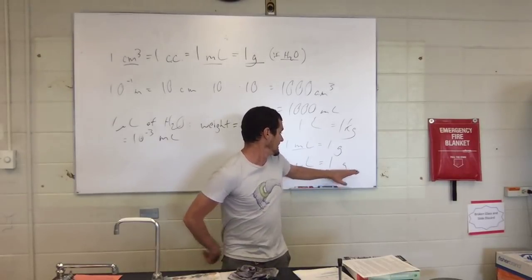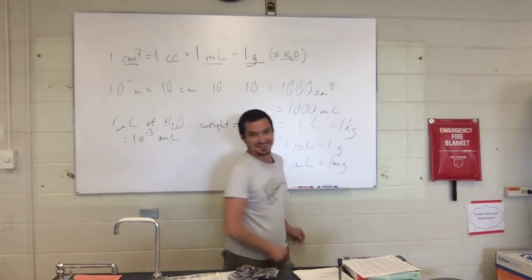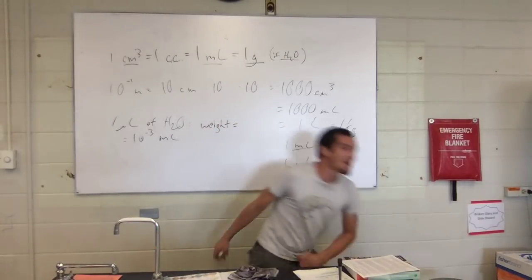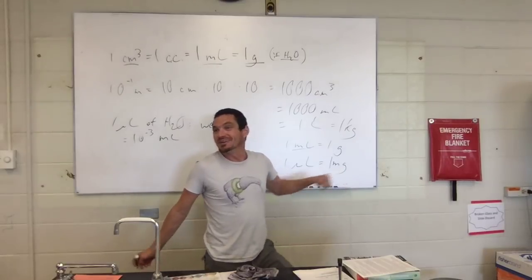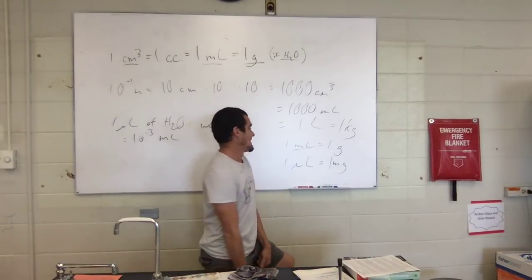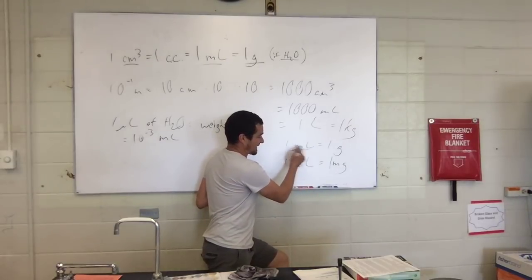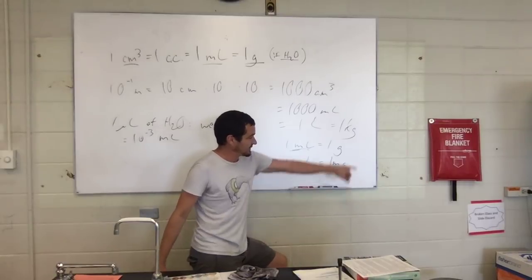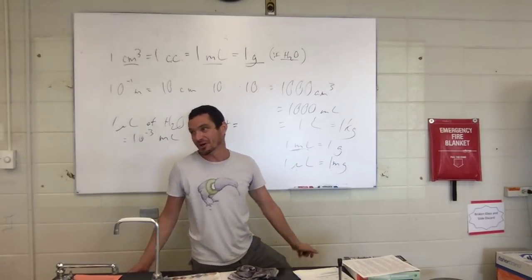Sorry, I did this wrong. I wrote that, and that's on video too. 1 microliter equals 1 milligram. That's because if you divide this by 1,000, microliters divided by 1,000 is milliliters, and grams divided by 1,000 is milligrams.